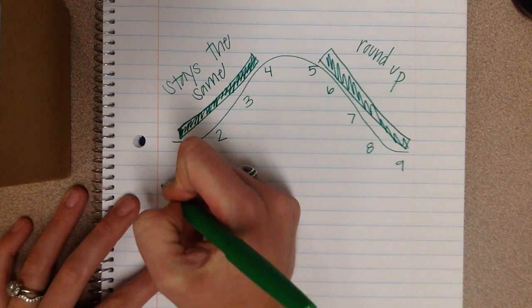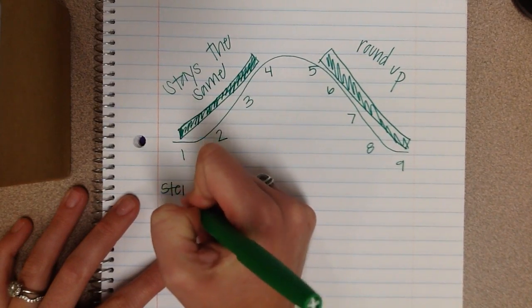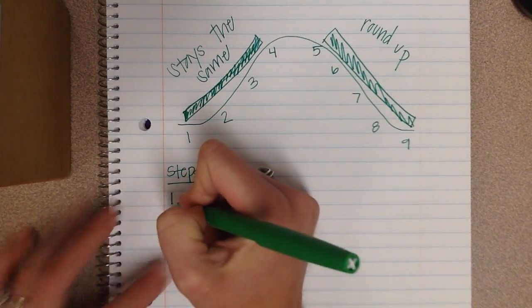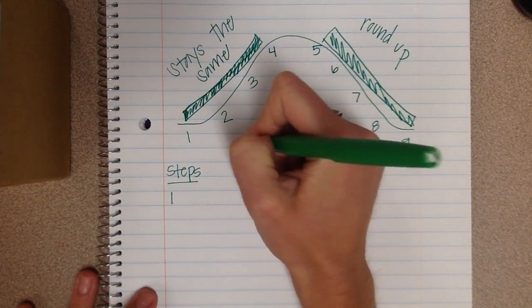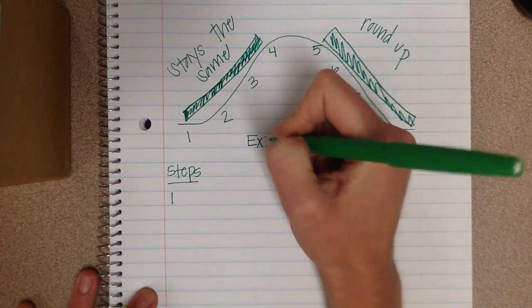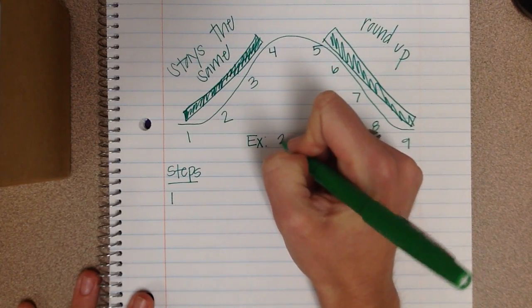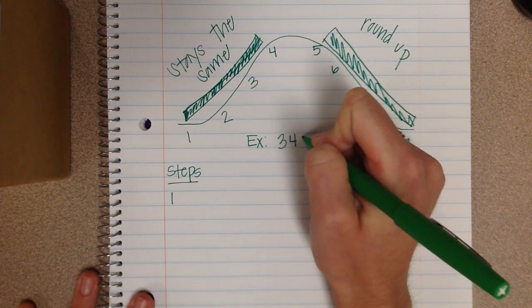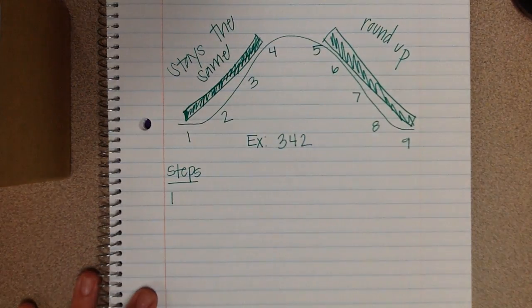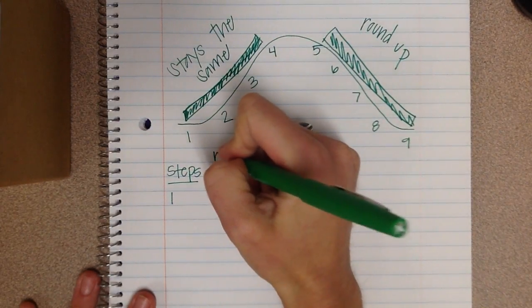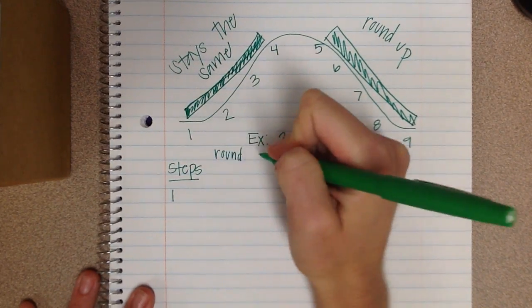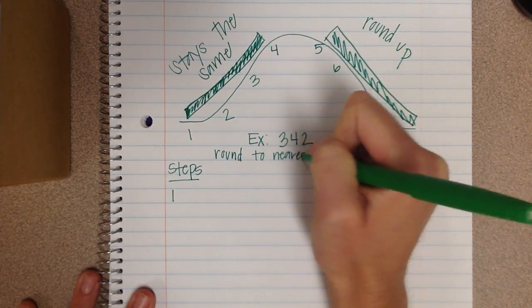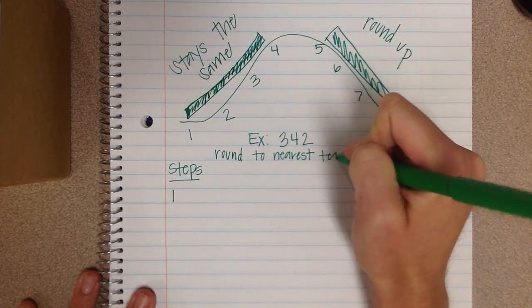So first, we'll say steps, number 1. I'm going to put an example here. Say 342. Say it says round to the nearest 10.